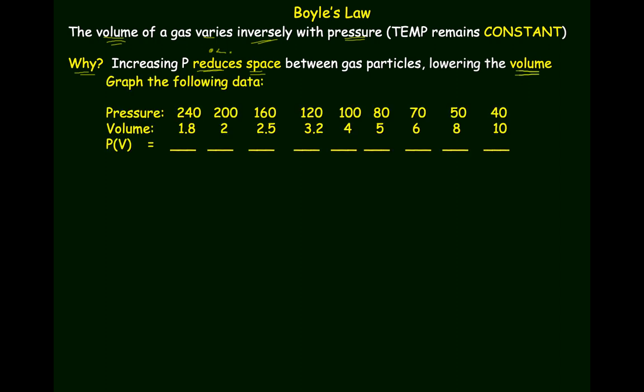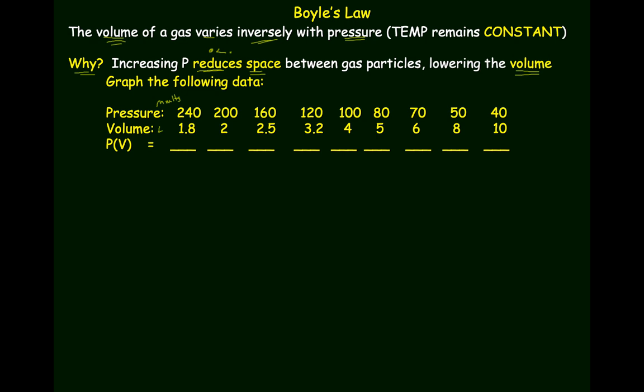Okay, so just to illustrate this a little bit, if we take some pressure-volume data of a gas, let's just say the volume is in liters here, and the pressure is in millimeters of mercury. We take these values, 240 for pressure and 1.8 for volume, and we begin to reduce the pressure. So you can see as we go along here, we're getting less pressure.